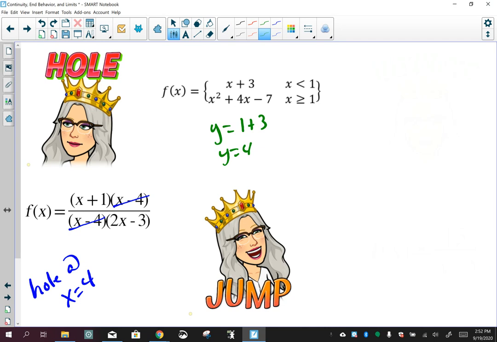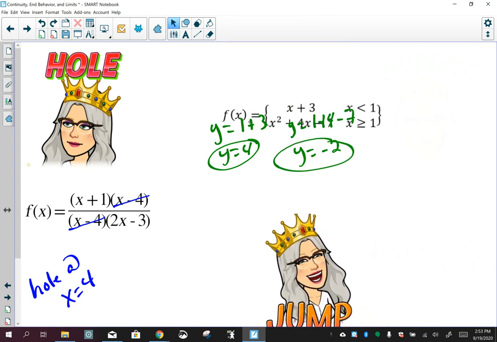And then do the same thing for the second one. y equals 1 squared is 1, plus 4 times 1 minus 7. So y is equal to 5 minus 7, negative 2. So you'll notice that this value and this value are not the same thing.